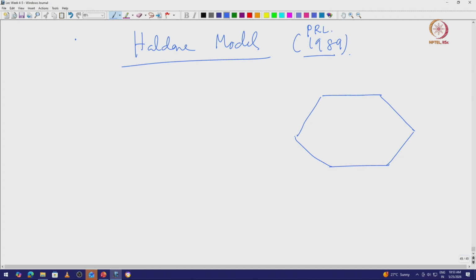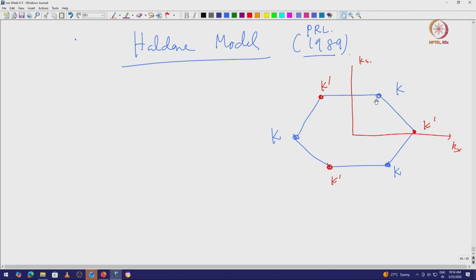So in K space we found the Dirac cones along these high symmetry points, and those 2 Dirac cones had opposite chirality.